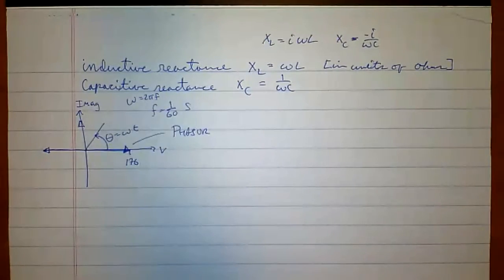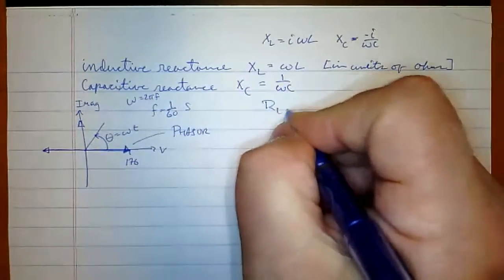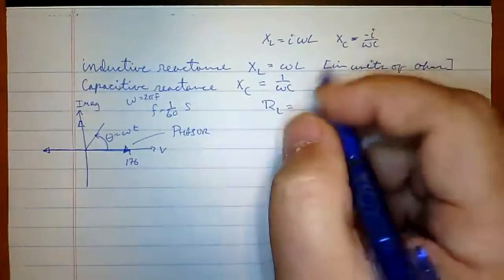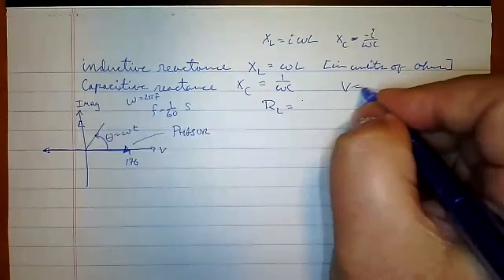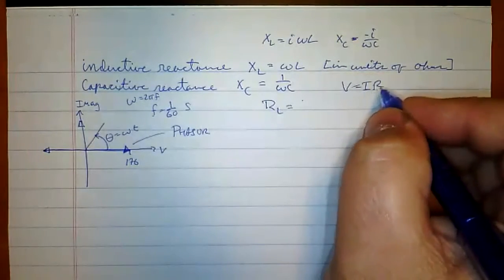So with that in mind, let me show you, we have a whole new set of equations. With this, we have V sub L is equal to, just like V equals IR, this thing plays a role of a resistance.